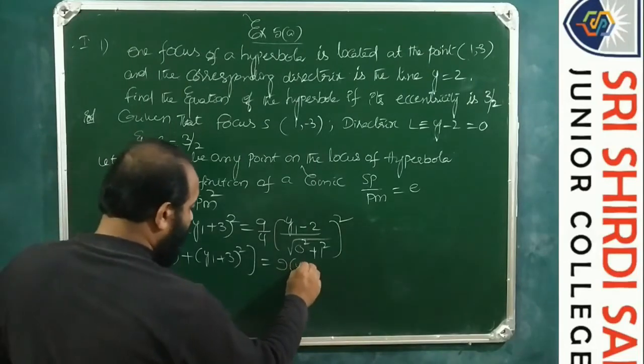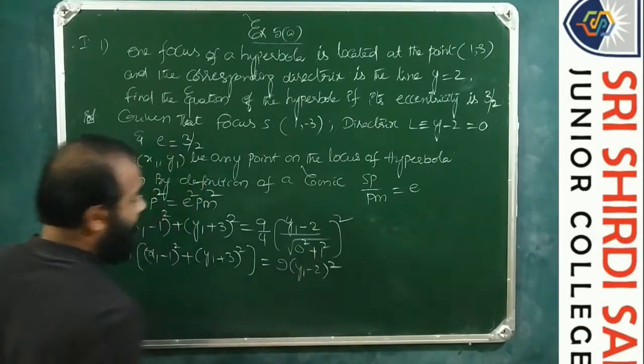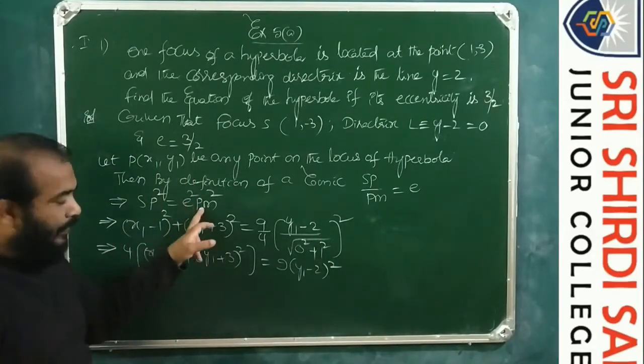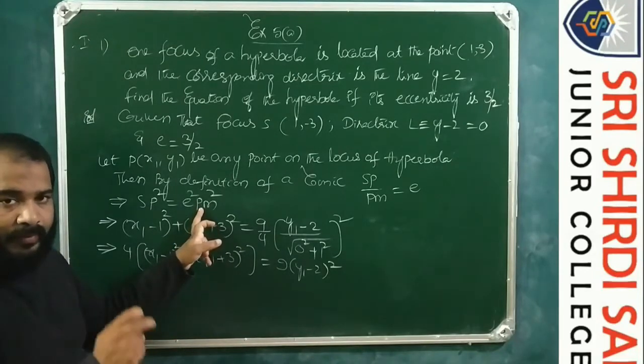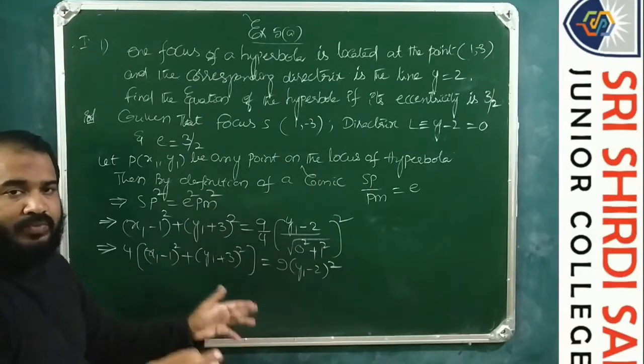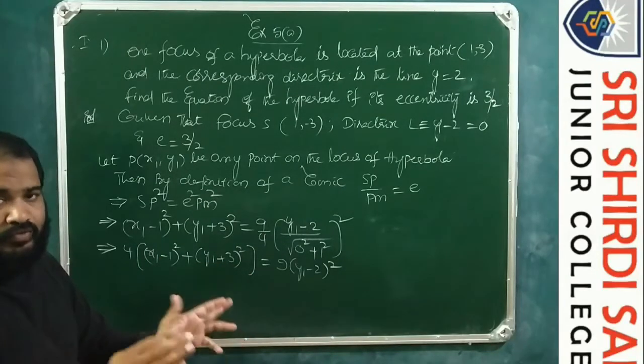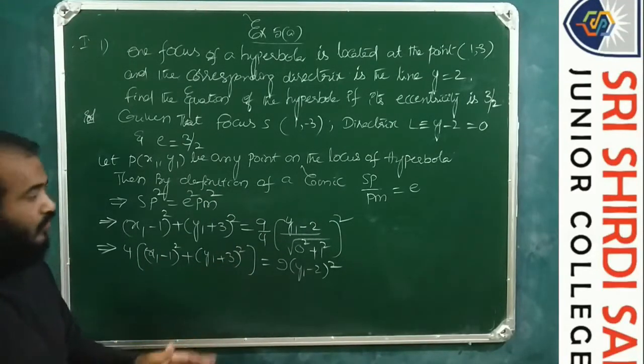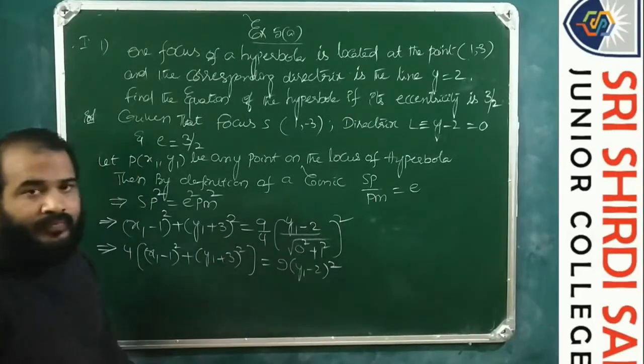So this is (y1 minus 2) whole square. PM is the perpendicular distance from a point P(x1, y1) to the line, so modulus of ax1 plus by1 plus c by square root of a square plus b square, its square.